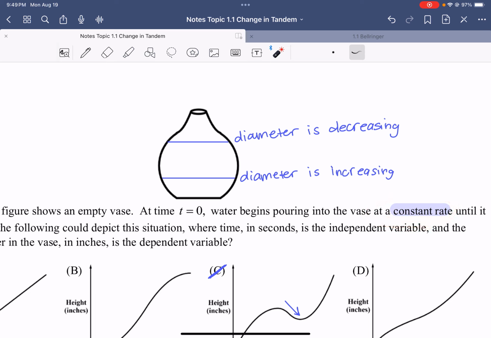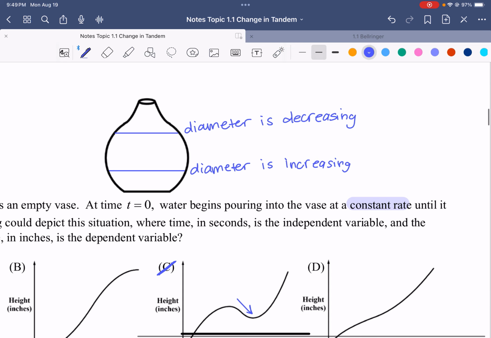Okay, so the height is going to keep increasing, but it's going to be increasing at different rates because of the diameter. So when the diameter is increasing, we can say that the height is increasing, but it's going to be increasing at a decreasing rate.